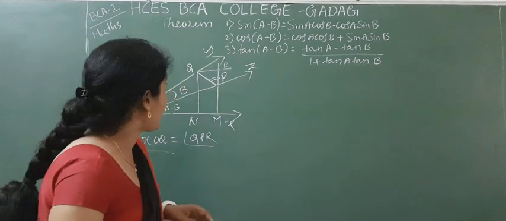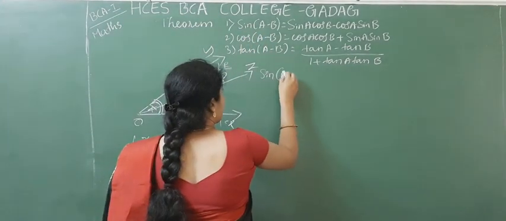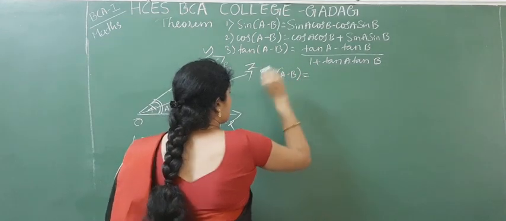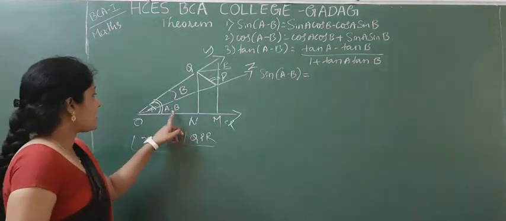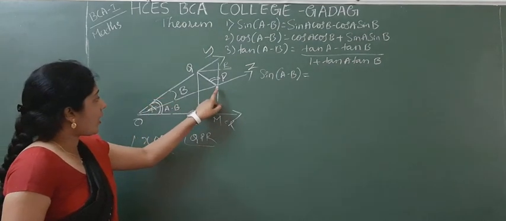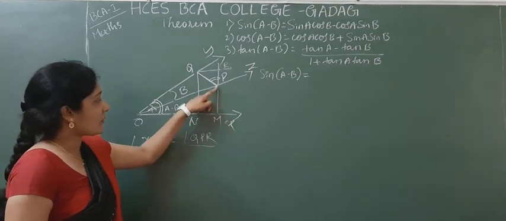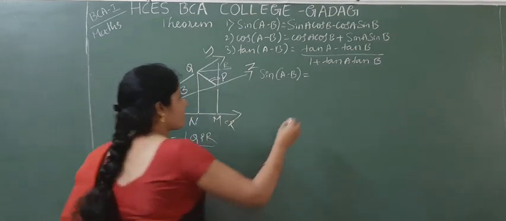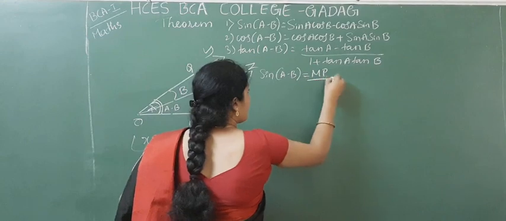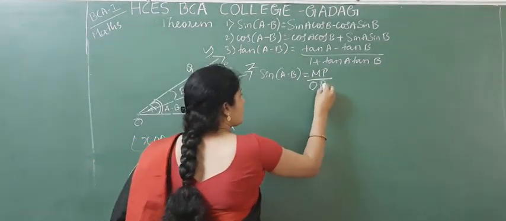Okay. So now coming to the first theorem, that is this one. Sine A minus B is equal to what? This is angle A minus B. So what is sine of this? Opposite divided by hypotenuse, right? So what is the opposite side? MP. MP divided by hypotenuse OP.